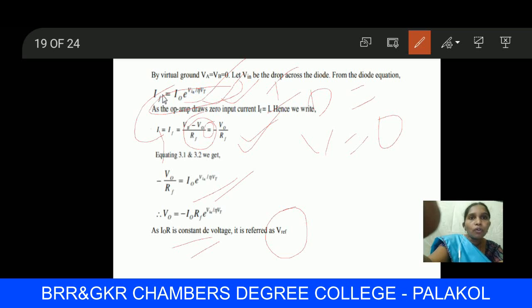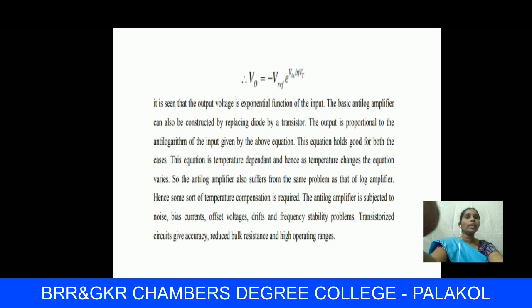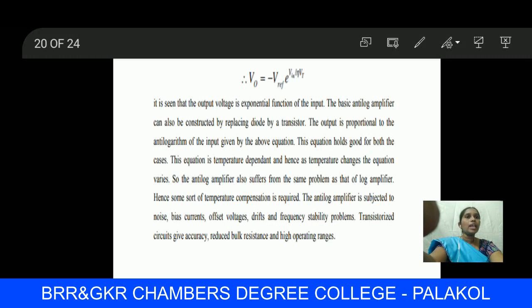Therefore finally the output is equal to minus V reference into e power V in divided by eta into Vt. This is the final expression for the anti-log amplifier. It is seen that the output voltage is an exponential function of the input.